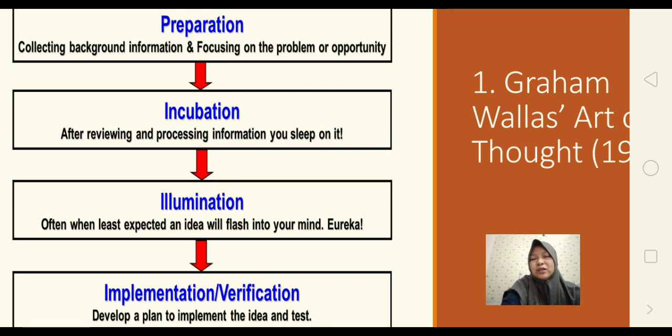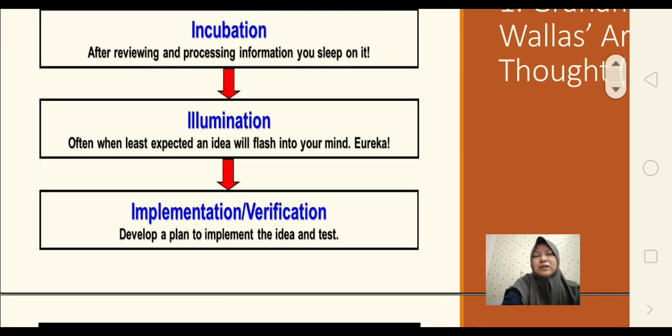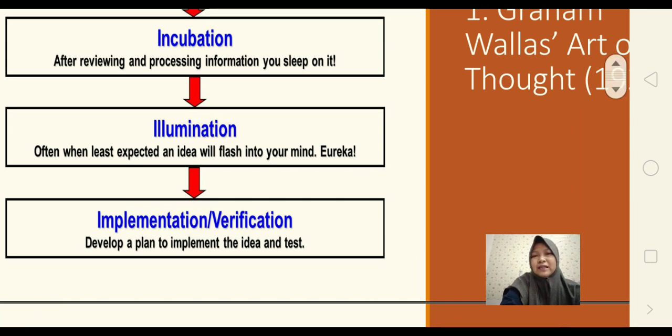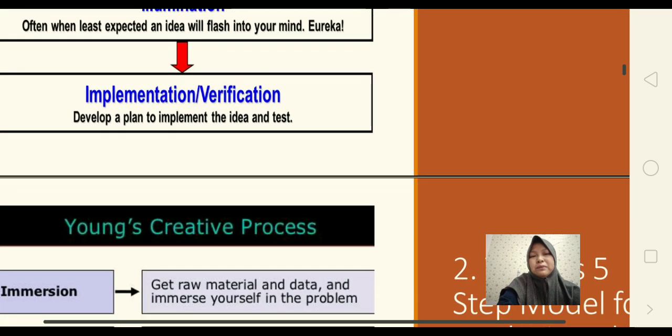Before you can think about the ideas, you have to analyze the problems, and you make it as incubation. Illumination is when you have the idea, after you got to know the main concept of the problems, and then you identify how to solve the problems, then you implement it.